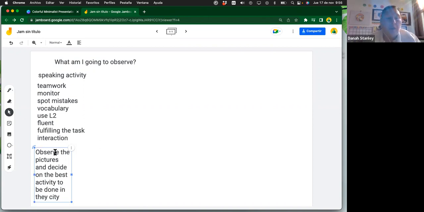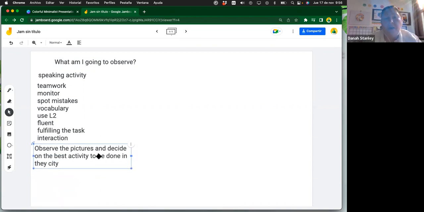I'm inventing, this is my instruction from the book. And I tell my students, okay, Pedrito, can you read the instructions? Observe the pictures and decide on the best activity to be done in the city. Okay, perfect, muy bien. What we are going to check is the vocabulary, because maybe we analyze vocabulary of outdoor activities.